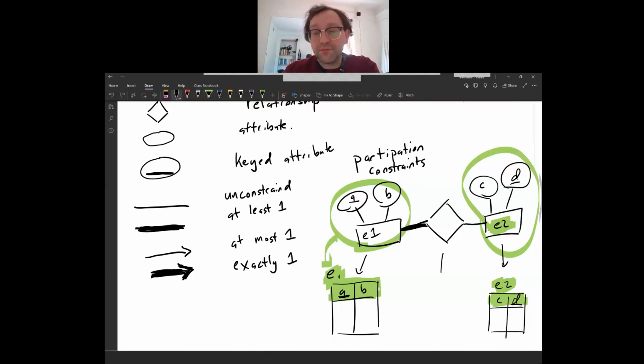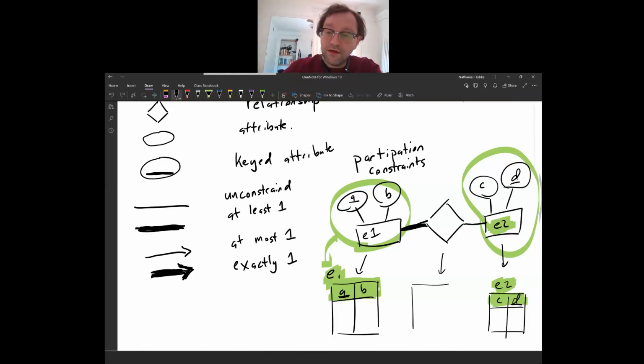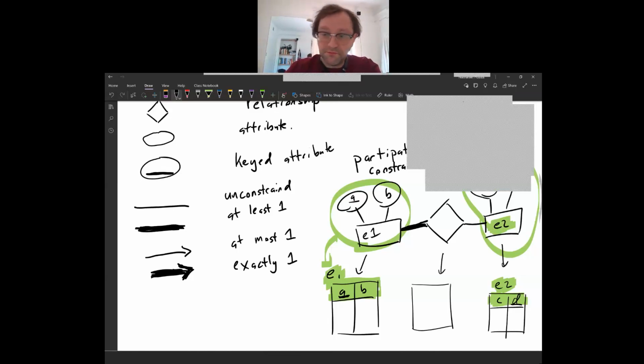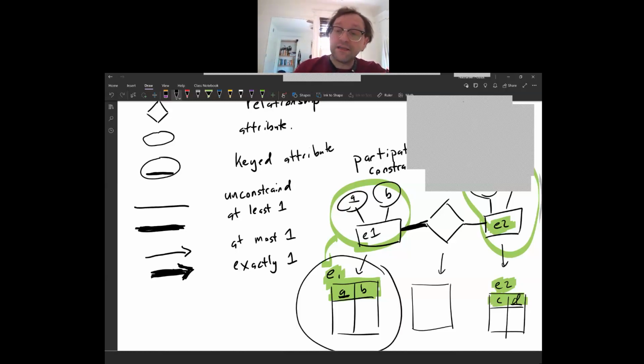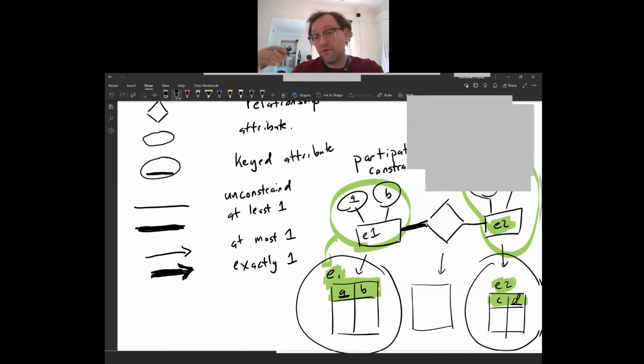The relationship can also be represented with a table, and we'll get back to that. But the point is that here, if we have some table with some data, and here we have some table with some other data, is there any way in which these two things are related?